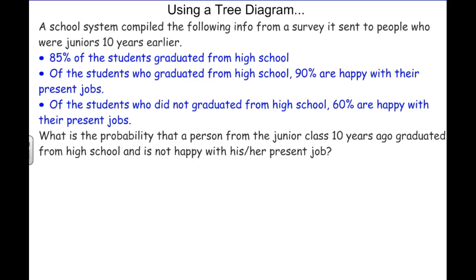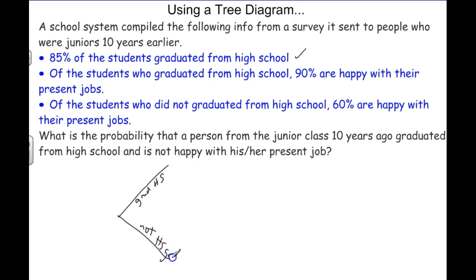So let's try a problem and see if this makes sense. The base thing here: a school system follows a survey sent to people who were juniors 10 years earlier. 85% of the students graduated from high school. So let's start with that fact and make a tree diagram with just that fact. I'm going to write it this way: graduated high school, and this one would be not high school grad.